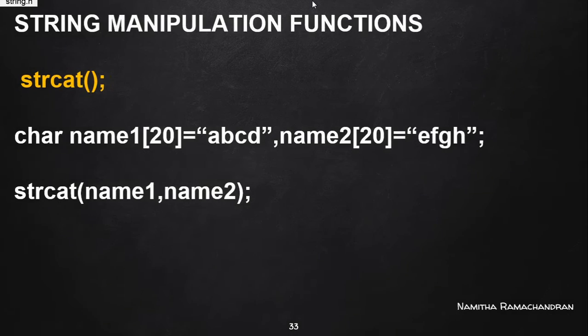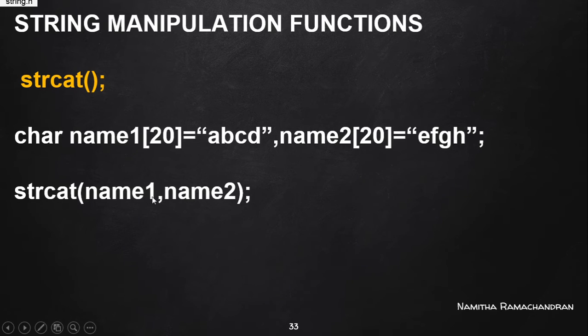Now we can consider the next string manipulation function, that is strcat, the string concatenation function. Here we have one character array initialized with value abcd, and the second initialized with value efgh. While applying strcat of name1 comma name2, what will happen?